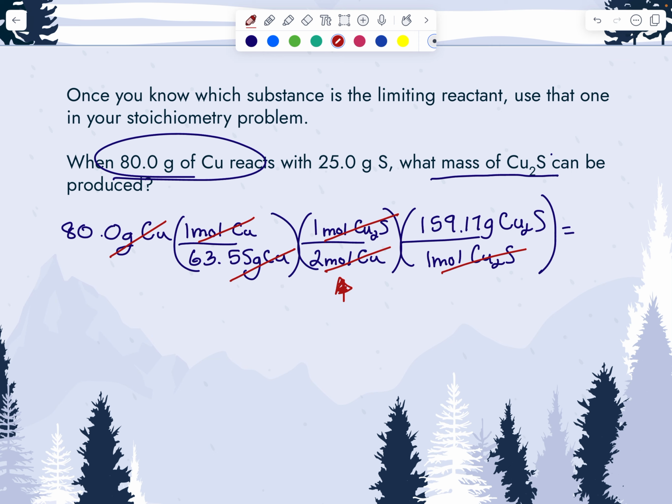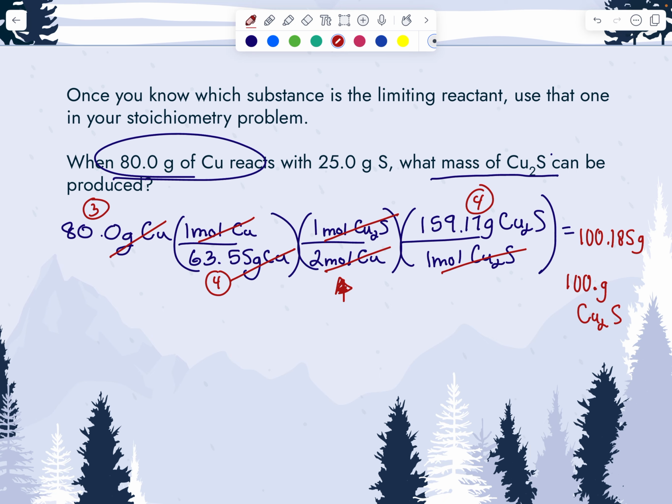And the calculator gives me 100.185 grams. That 80.0 has 3 significant figures. Of course, my 2 molar masses have 4, so I'm going to round my answer to 3 significant figures, which is going to be 100. grams of Cu2S.